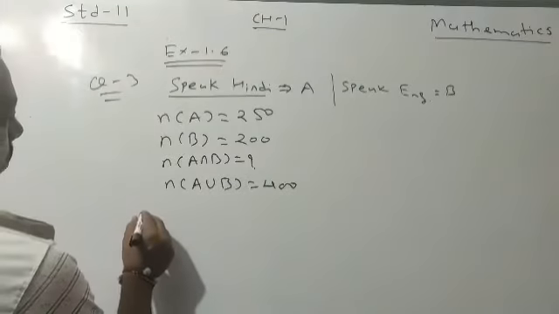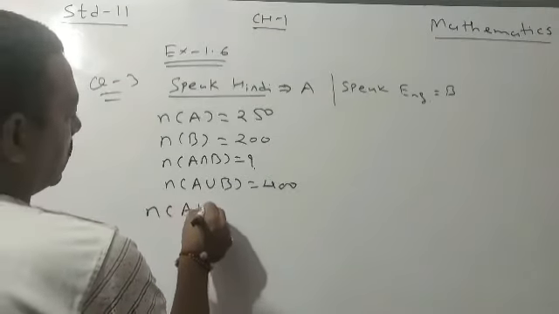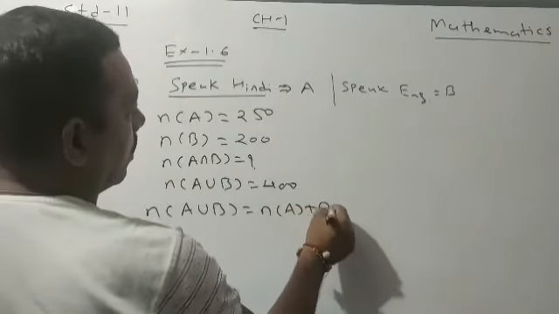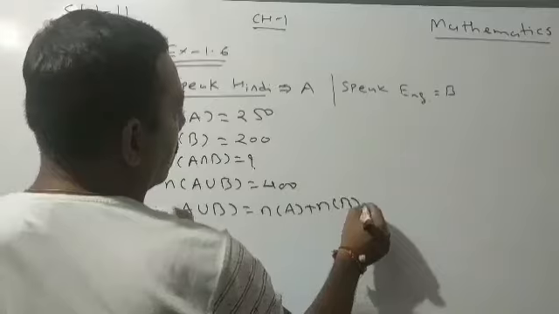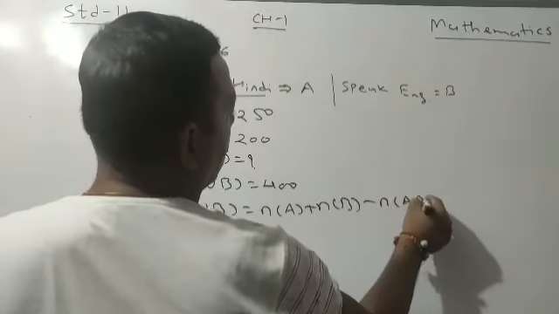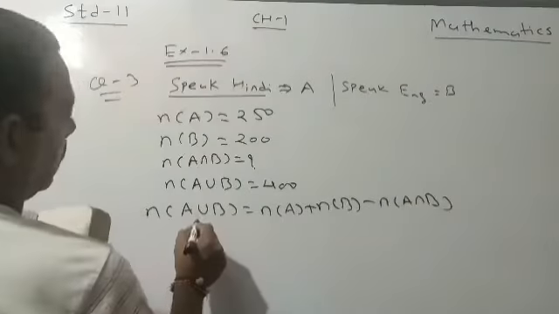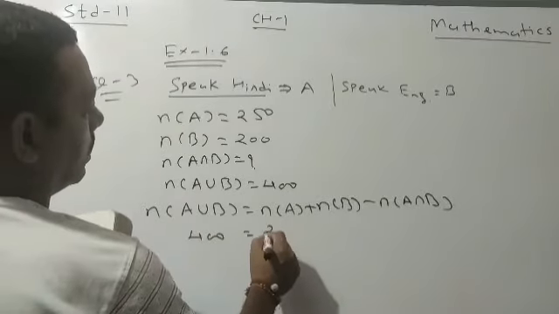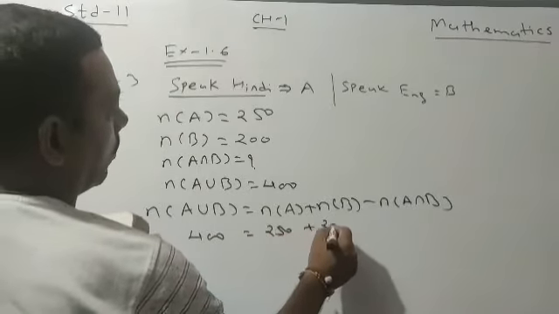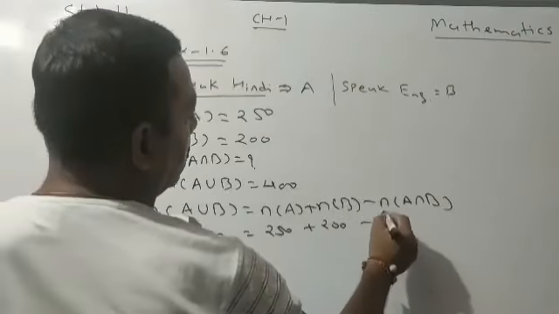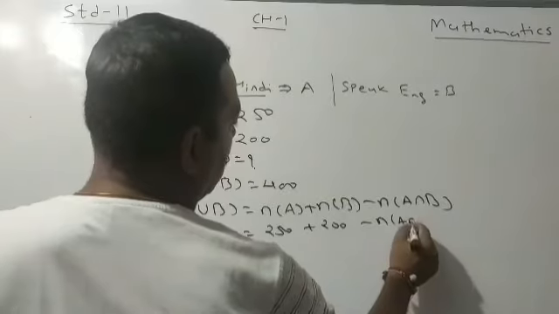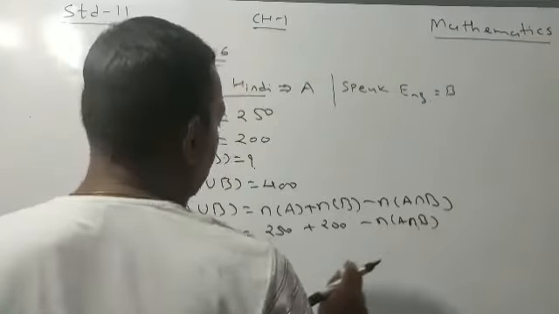So now again we will write the formula. n of A union B is n of A plus n of B minus n of A intersection B. Again, A union B is given 400, n of A is given 250, n of B is given 200, and still n of A intersection B is unknown.